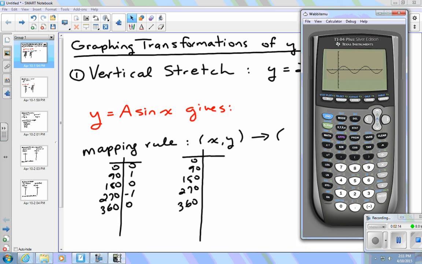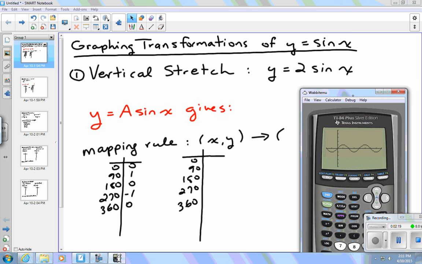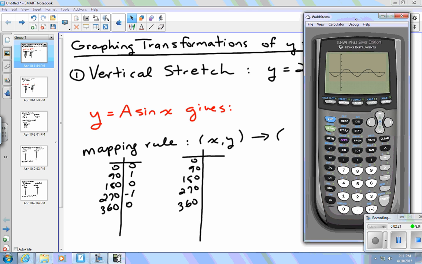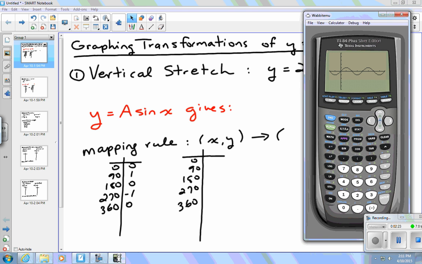degrees. So the function we're going to graph is y equals 2 times the sine of x. And you might want to think about what that's going to look like. If you leave the y equals sine of x in y1 for each example, and we'll only add in the new one, it's very easy to compare the old one with the new one.